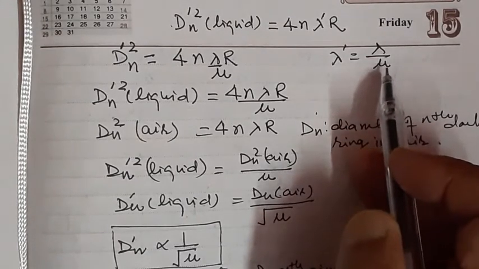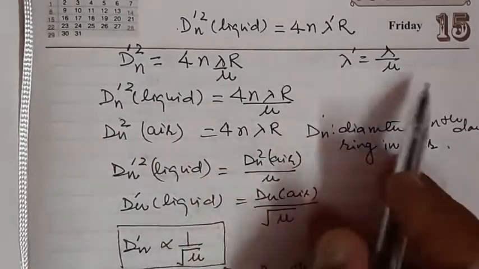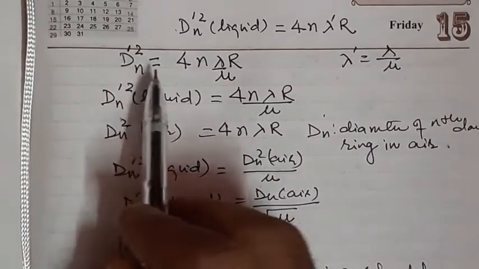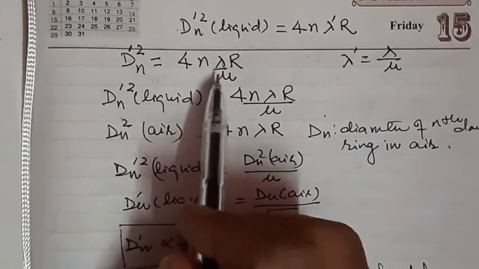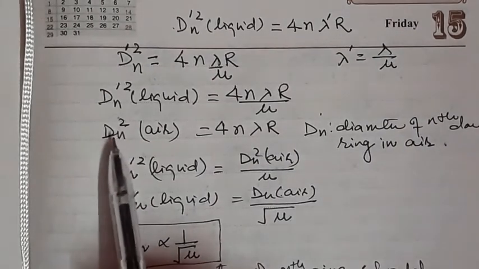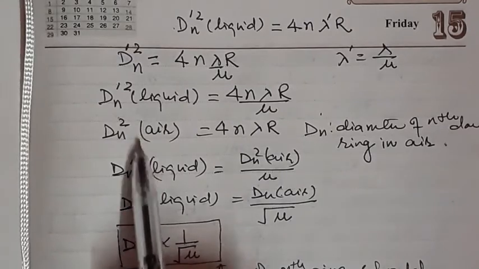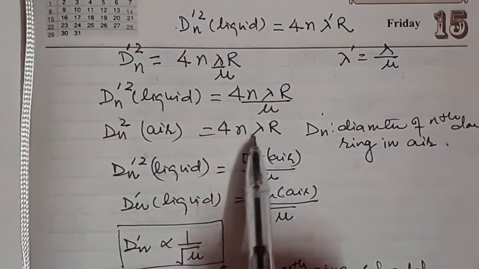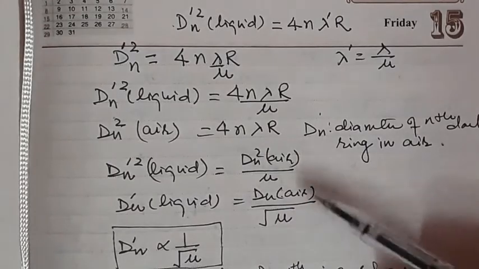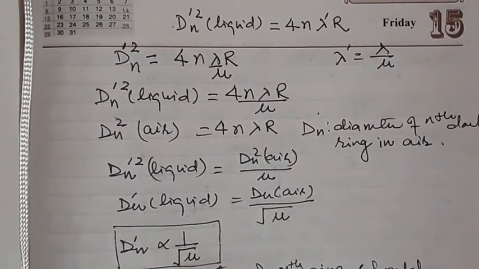So the wavelength of the light is reduced, therefore Dn dash square is equal to 4n lambda R upon mu, and we know that Dn square in air is equal to 4n lambda R. By using these relations, we find Dn dash is inversely proportional to the square root of the refractive index.